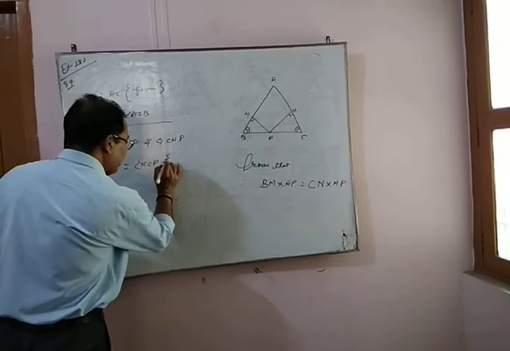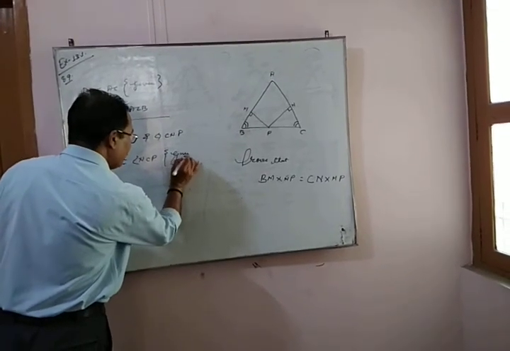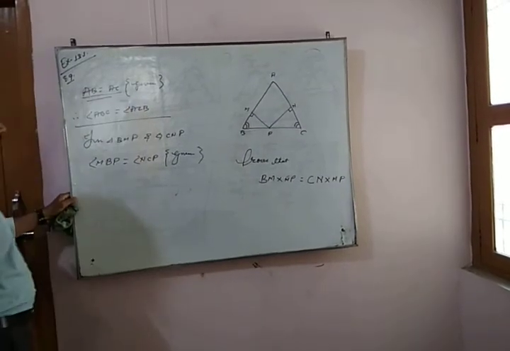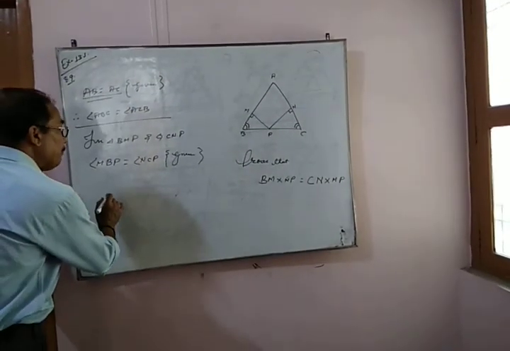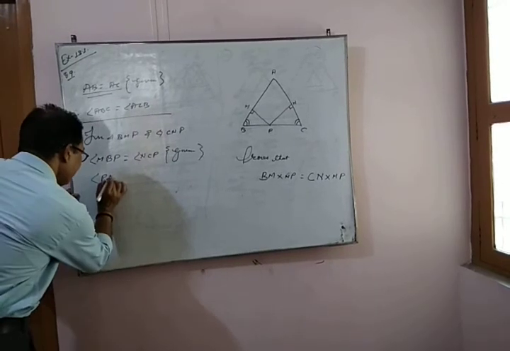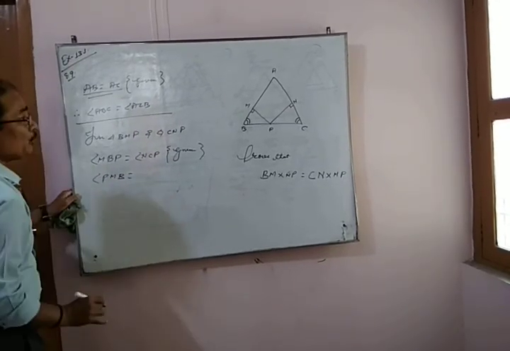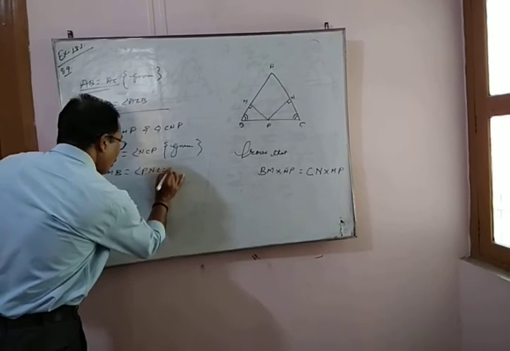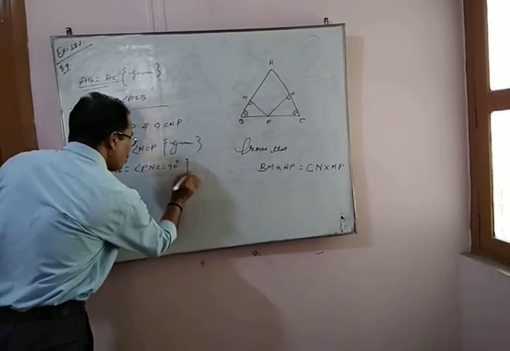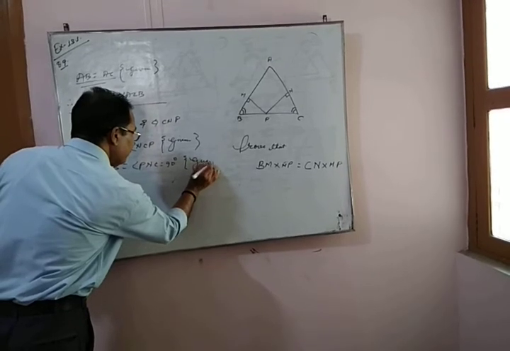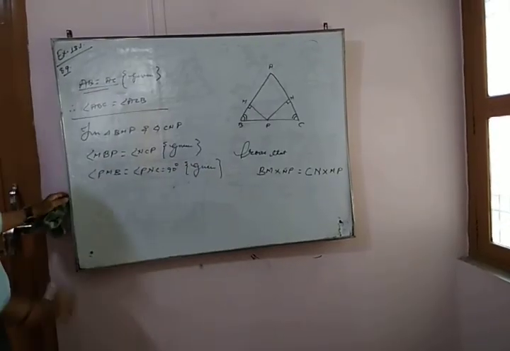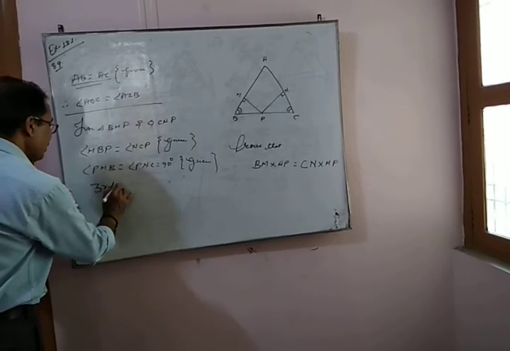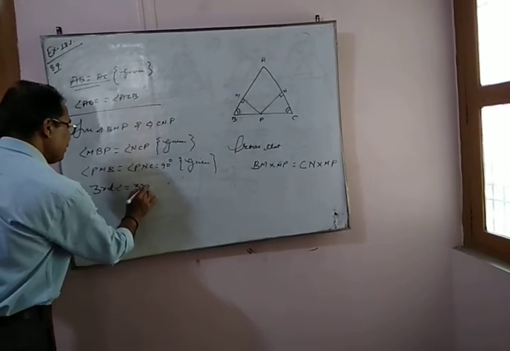It is given because AB equal to AC. Angle PMB equal to angle PNC equal to 90 degrees. This is also given in the question, and therefore the third angle is equal to the third angle.